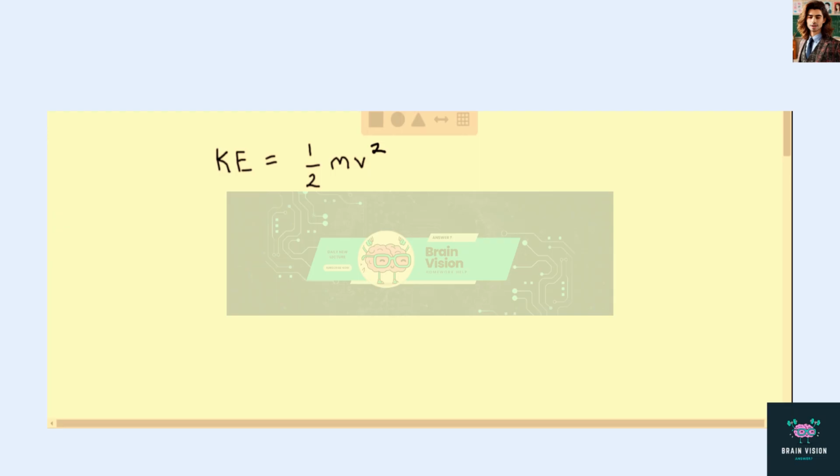And the internal energy of our gas, U, or E internal, whatever you like to call it, is going to be equal to our kinetic energy here, which is 1/2 mv squared.